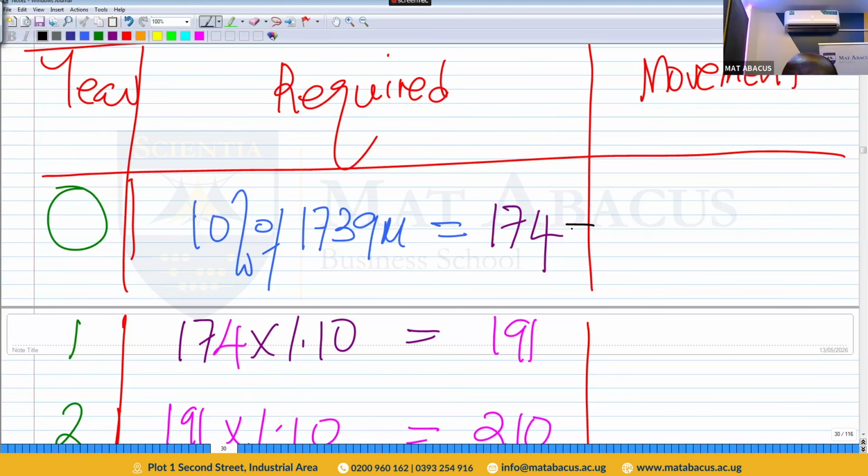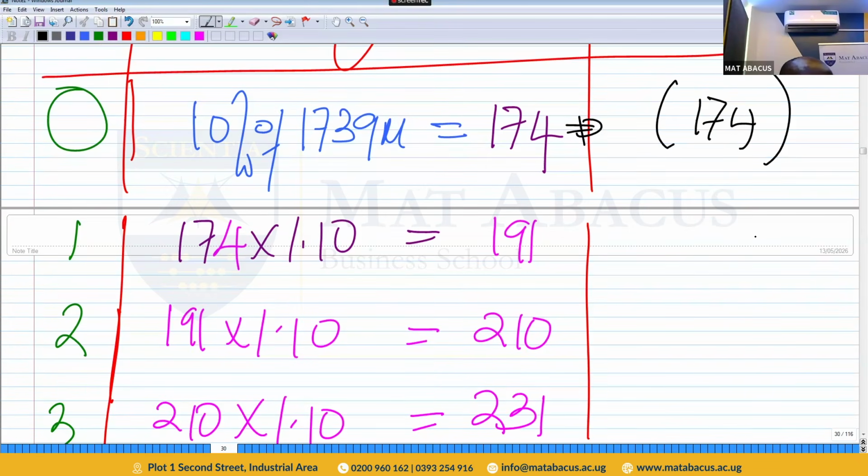This working capital in year 0, it means it is the initial one you inject. I will put it in negative to mean that you are injecting, you are incurring working capital, and then we shall recognize working capital if it is increasing. So you can see we are moving from 174 to 191.